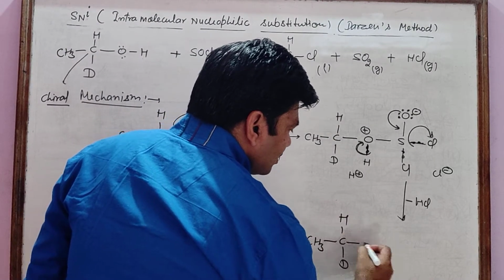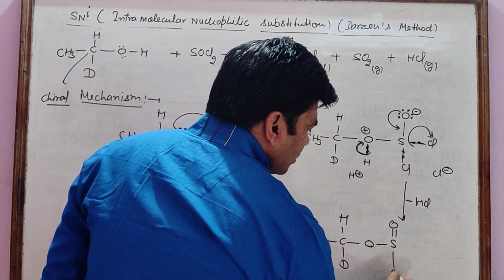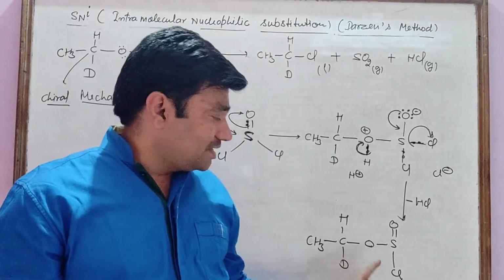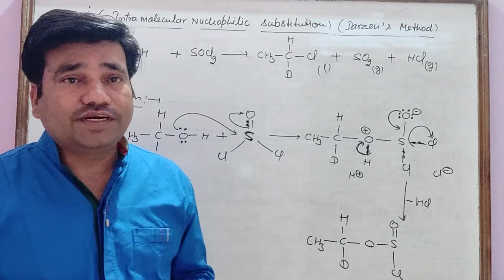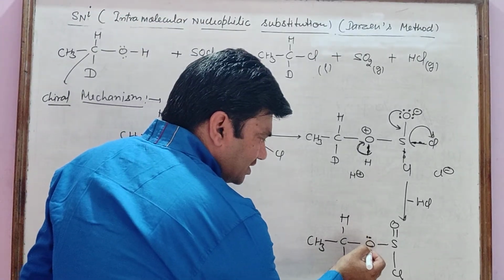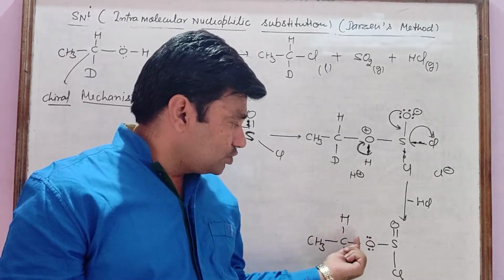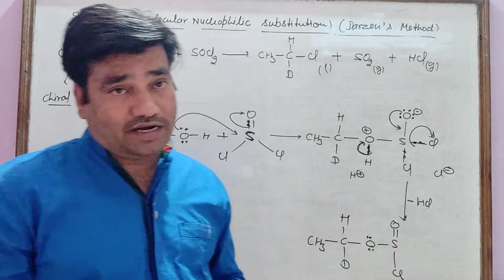After that you will get the situation as, okay, this is the oxygen atom and sulfur, and this is the chlorine, right? In this situation, you can say again sulfur is still electron deficient. So what would be the condition? The condition is that oxygen still has two lone pairs of electrons. These two lone pairs of electrons are attracted by the sulfur atom, right?